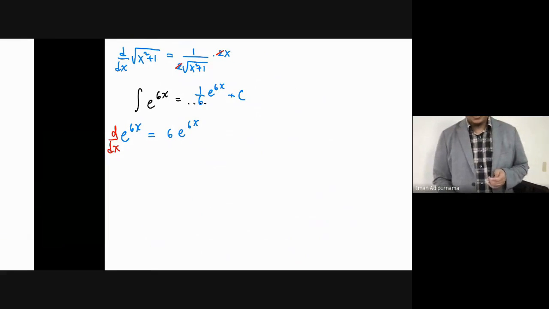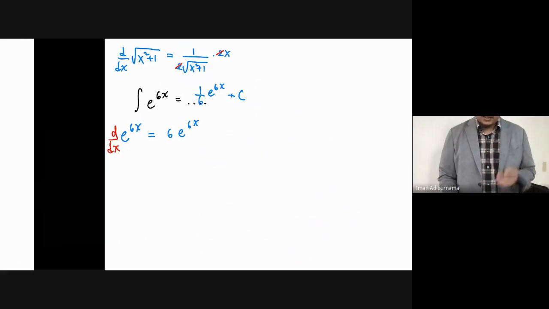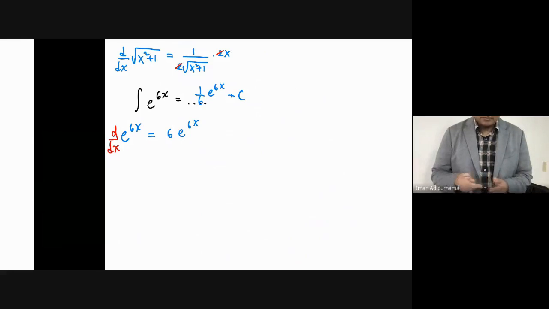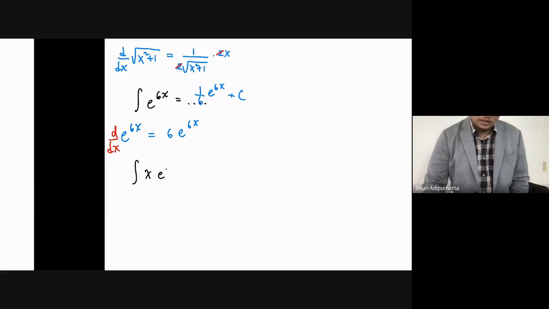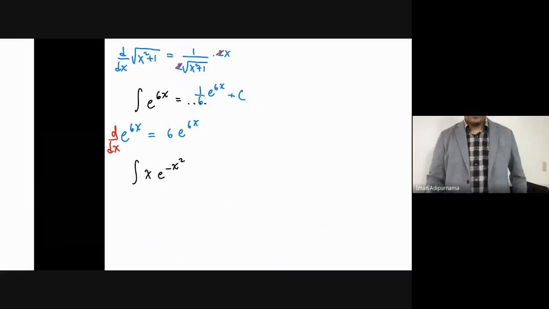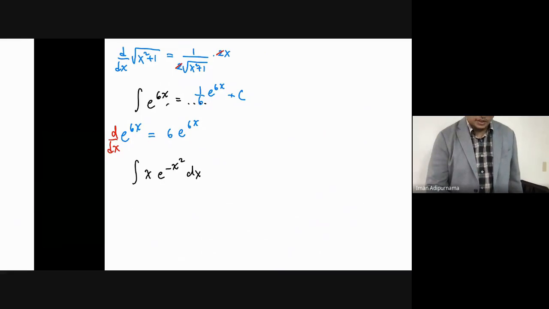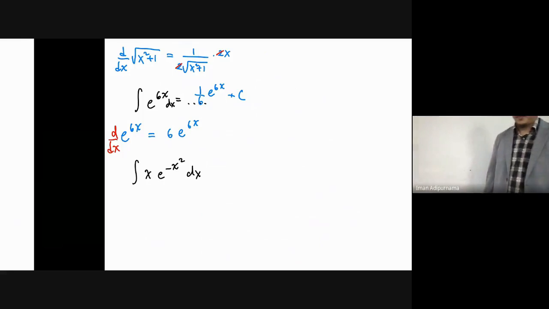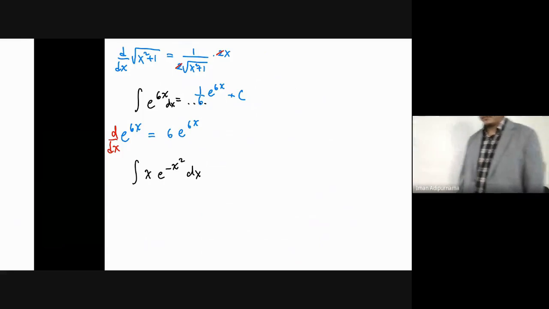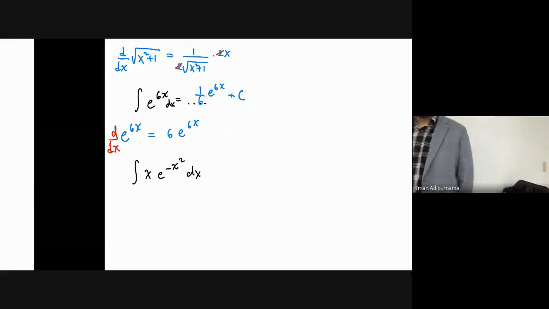Okay, another one. Still with e, but let me write x e to the negative x squared dx. Oh, I forgot the x. Any idea?